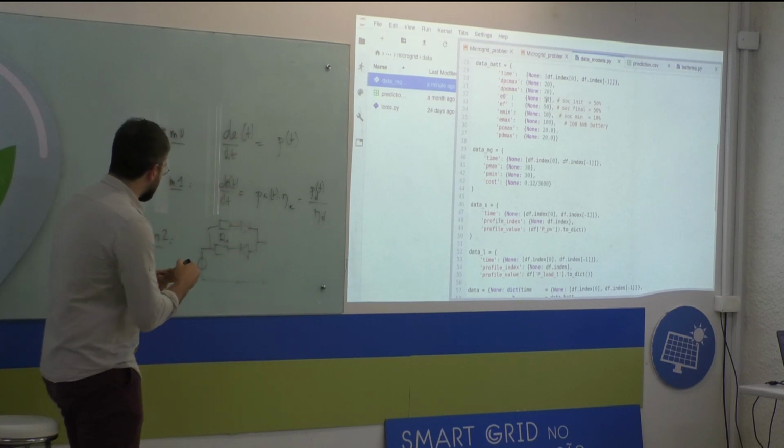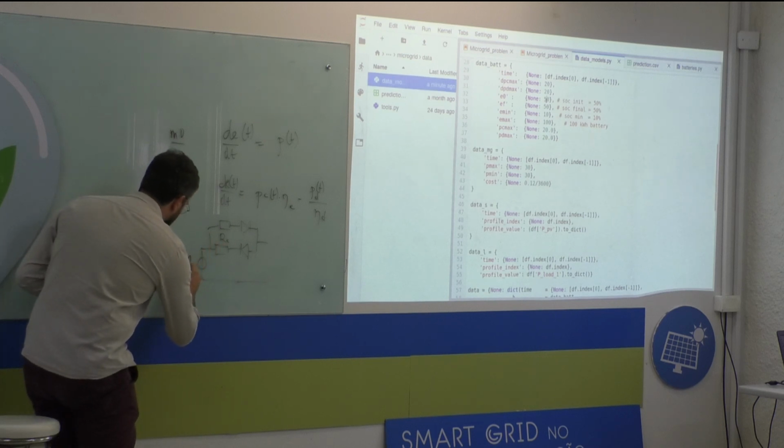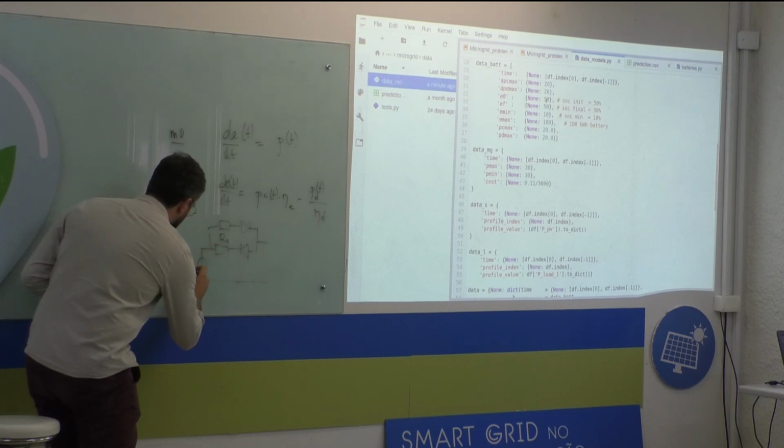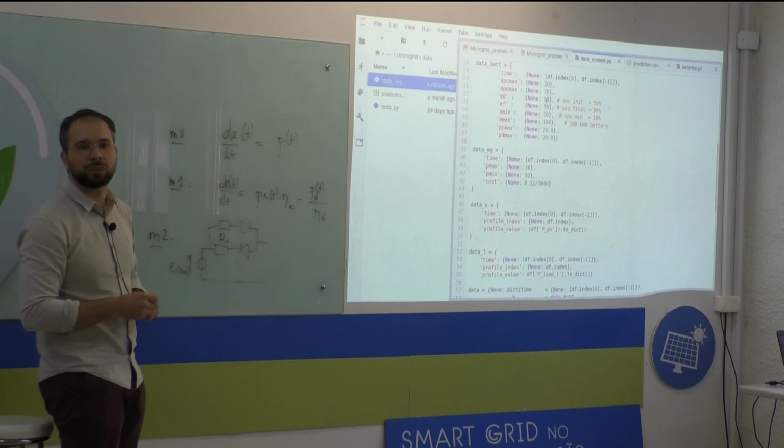A gente gosta mais desse, e a gente fala aqui que a potência da bateria depende do SOC, do State of Charge. Mas isso não é mais linear, não.